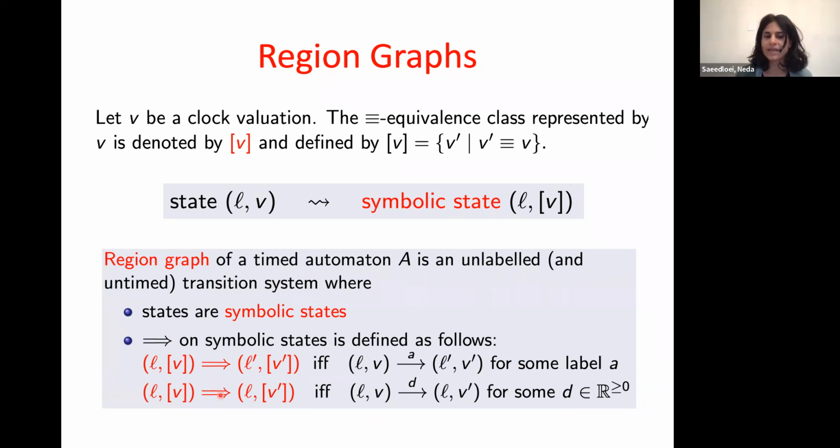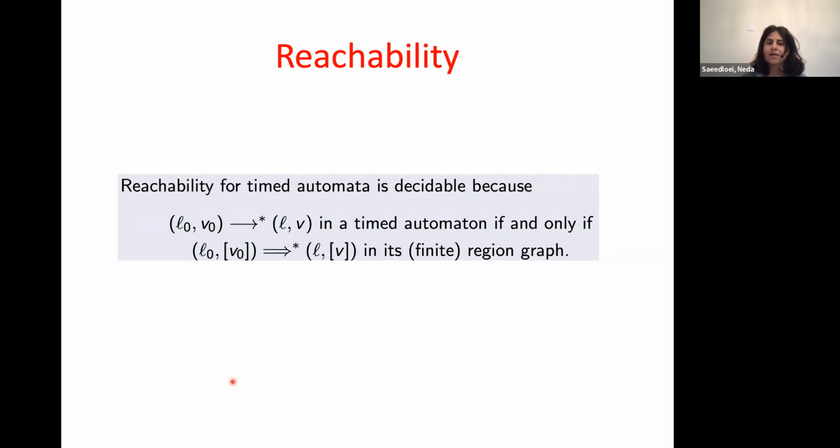That's why these are called unlabeled transitions, because labels are no longer needed. Now it turns out that reachability for timed automata can be carried out on the region graph rather than on the state transition system. Because the region graph is finite, there are only a finite number of regions, suddenly reachability becomes decidable.